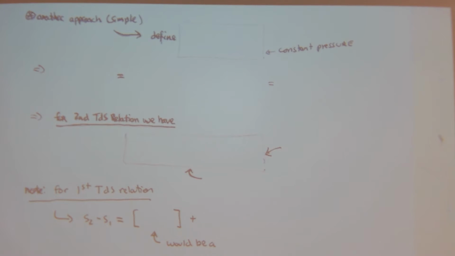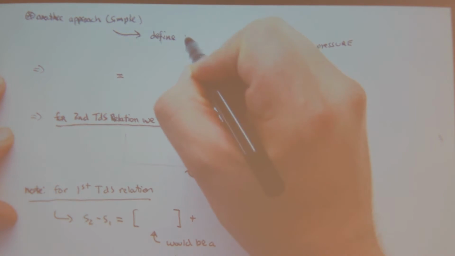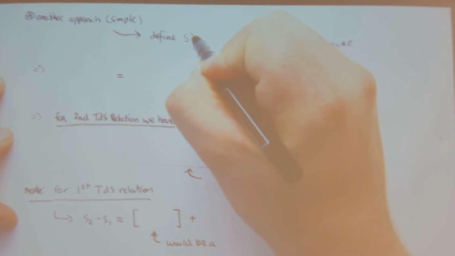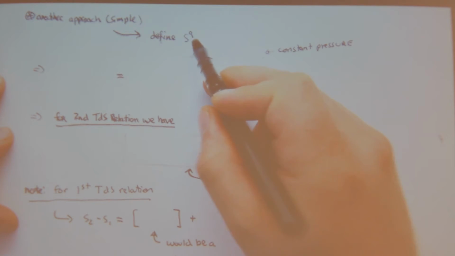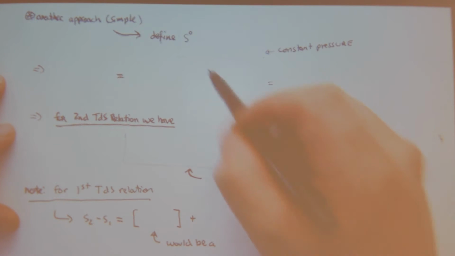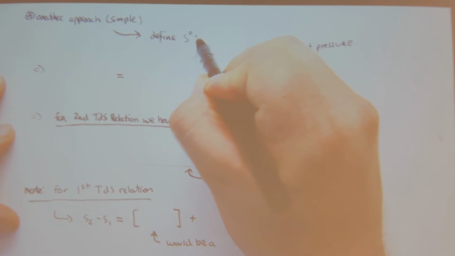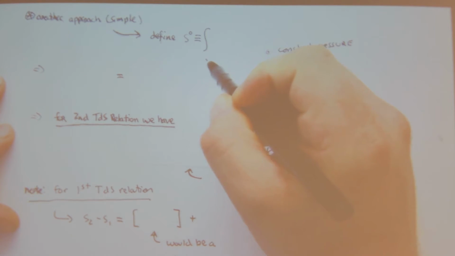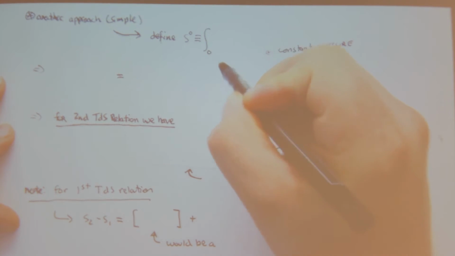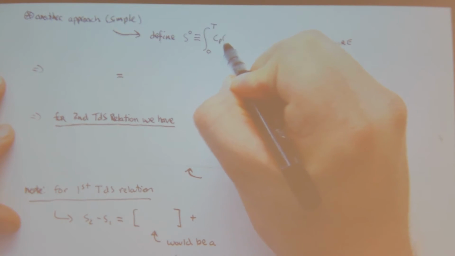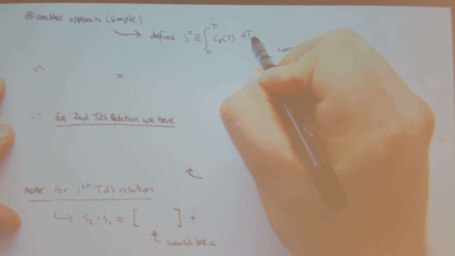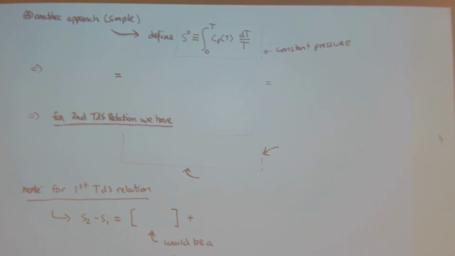I say simple, but it's not necessarily conceptually simple, is to define this entropy with this 0 above it, and let's define it as the integral from 0 to T of Cp at T over T, at constant pressure.